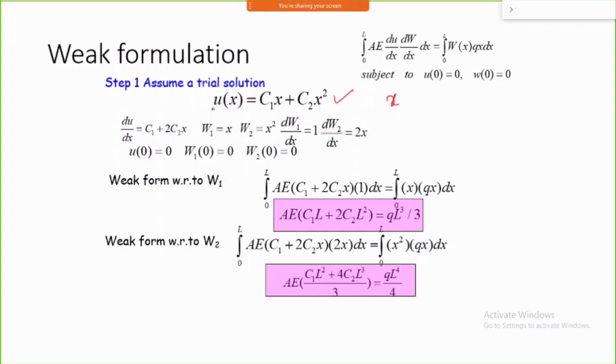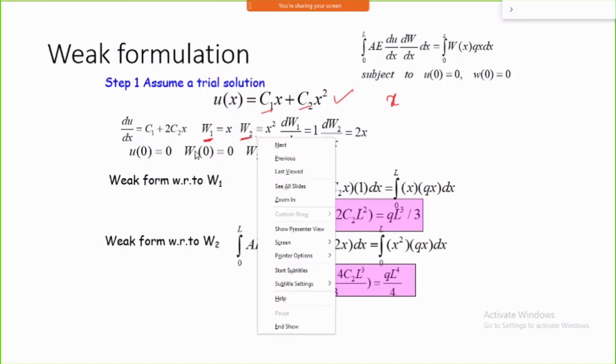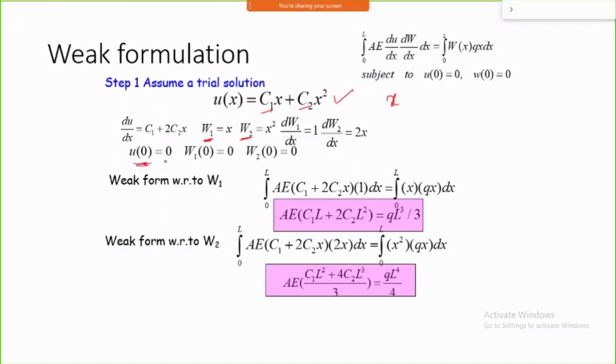We want to determine two constants c1 and c2. For that we need two weight functions w1 and w2, and these should satisfy boundary conditions. At x equal to 0, these two functions should satisfy 0.